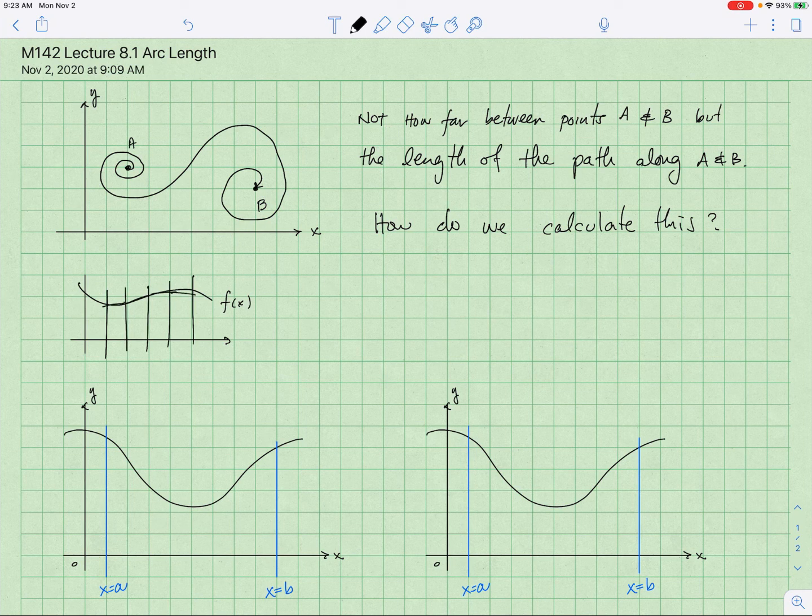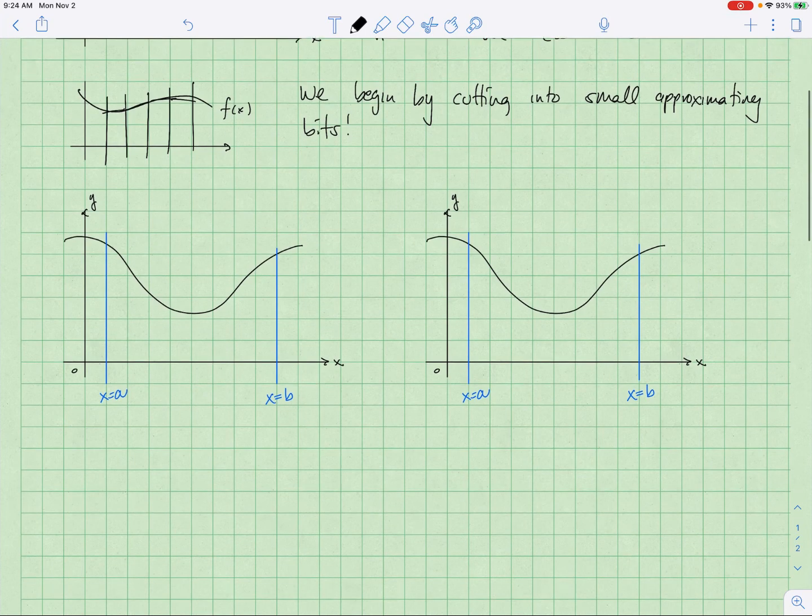Maybe you use trapezoids, maybe you used parabolas, left-hand rule, right-hand rule, midpoint rule, but we begin by cutting into small approximating bits. And we're going to do the same thing here.